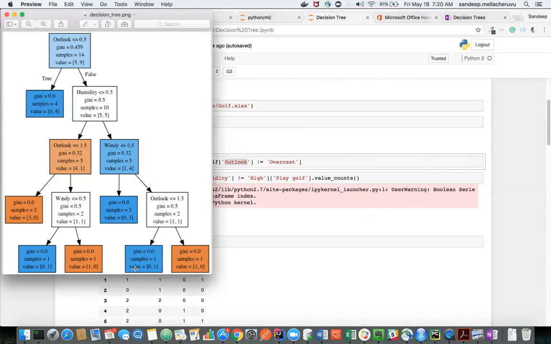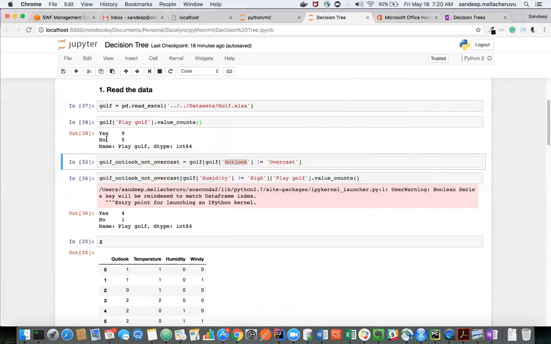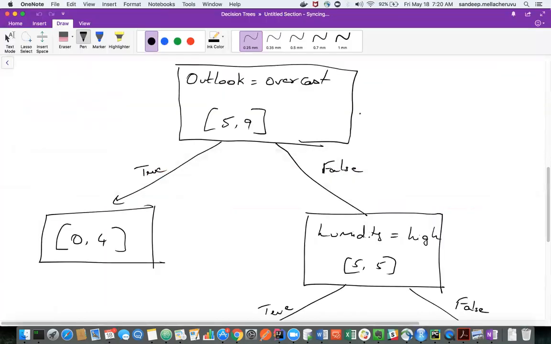You keep on splitting until you get all pure nodes. Now, the question is, how do you split? That is the first question we need to answer. But before all these things, we need to understand a few terminologies.